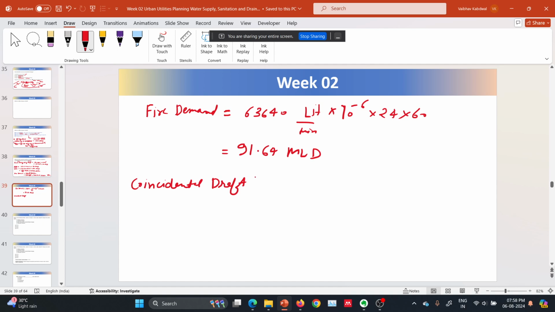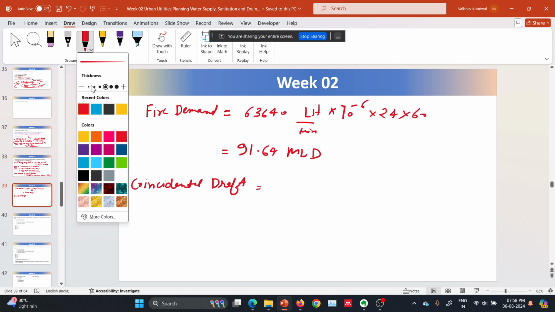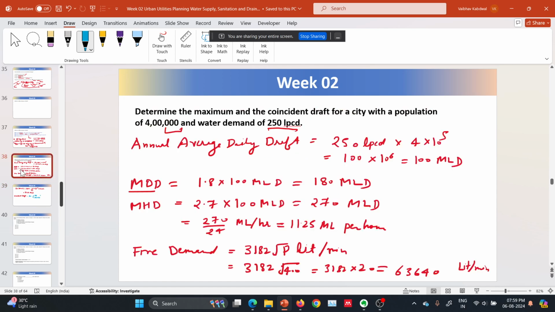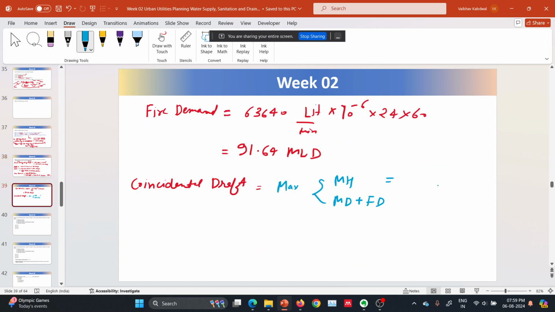The coincidental draft is maximum hourly or maximum daily plus fire demand. So what is maximum hourly? Maximum hourly was 270 MLD.